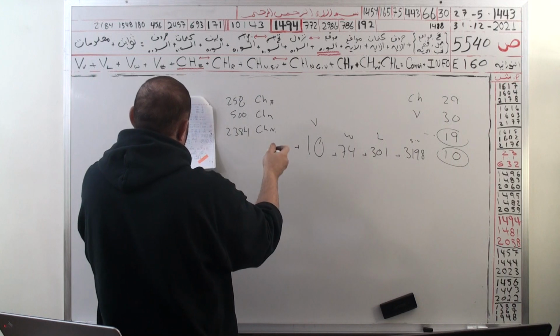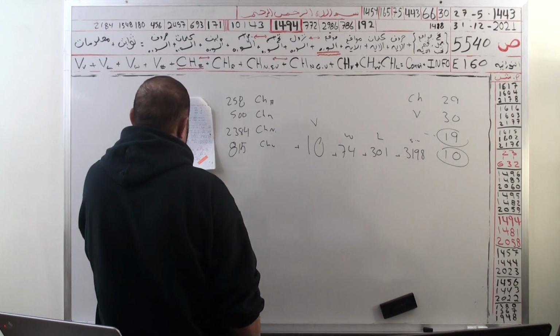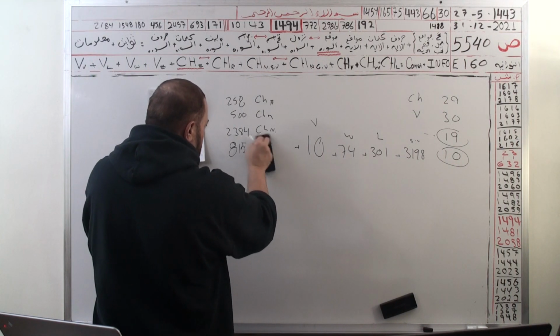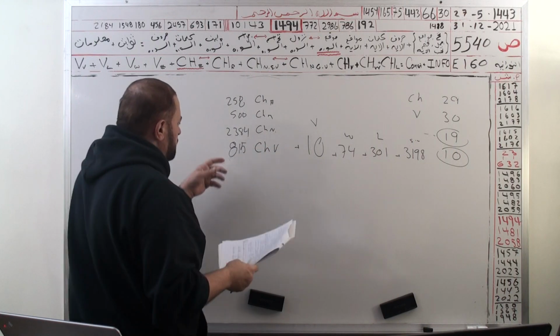Okay, maybe serial value and geometrical value. Chapter verses, 815. Hold on, what is this? No, this is not what I said. Yeah, chapter verses. These belong to the chapters.